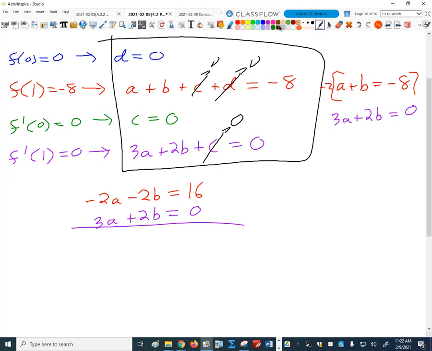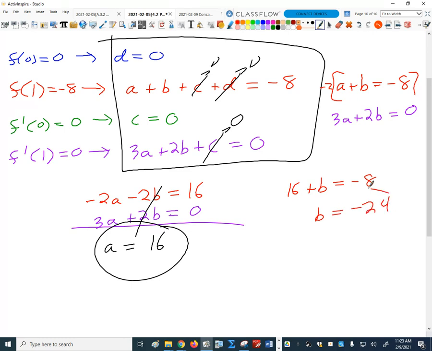If I sum those two, the b's cancel. I get a equals 16. I can plug that back into my original equation right here. A plus b equals -8. So I get 16 plus b equals -8. If I subtract 16 from both sides, I get b equals -24. So I got my answer, right?